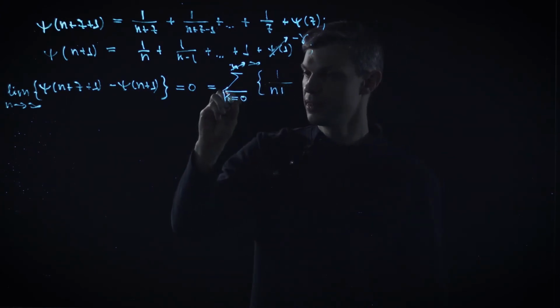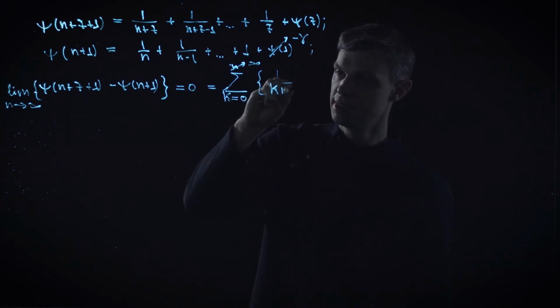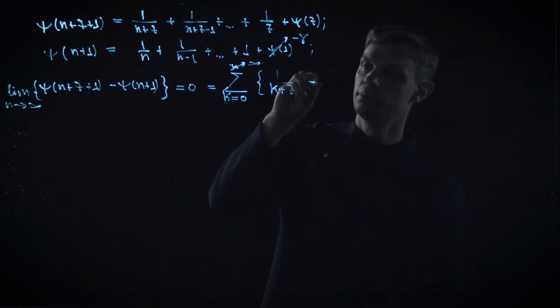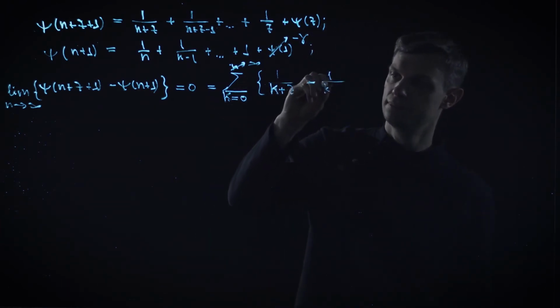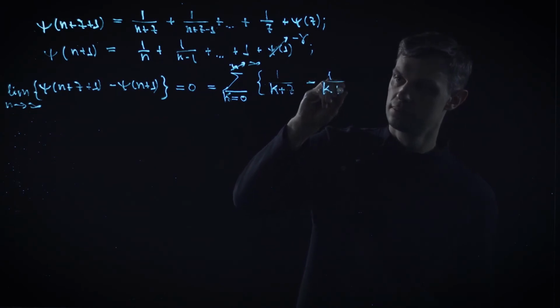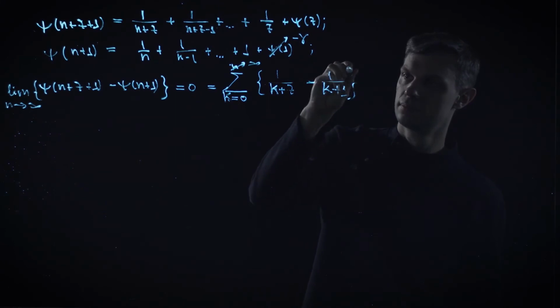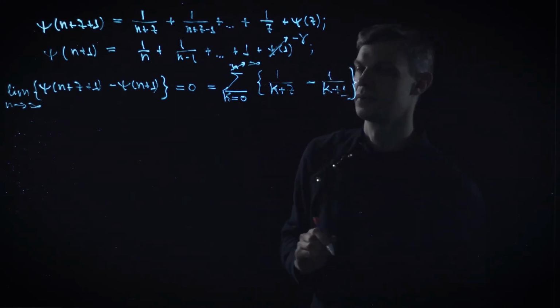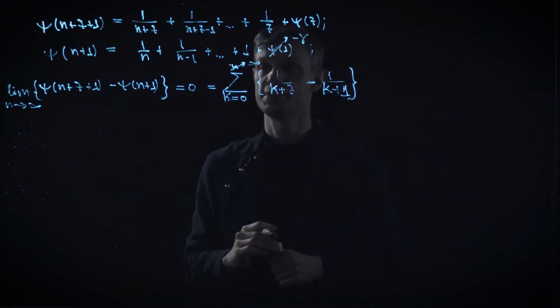Sorry, let's make this k to avoid confusion. 1 over k plus z minus 1 over k plus 1. So that's the difference of these two sums.